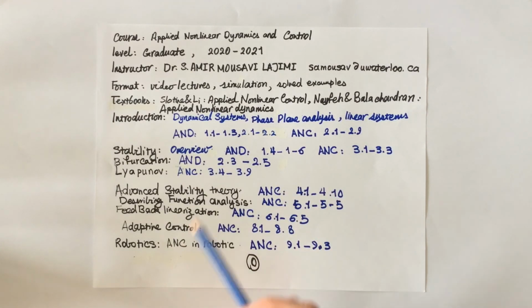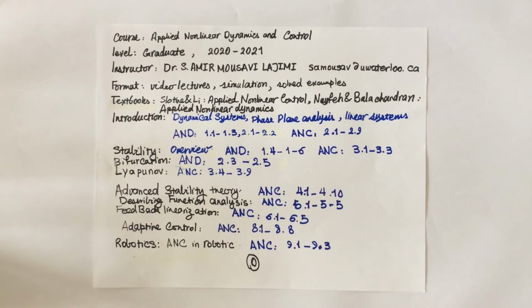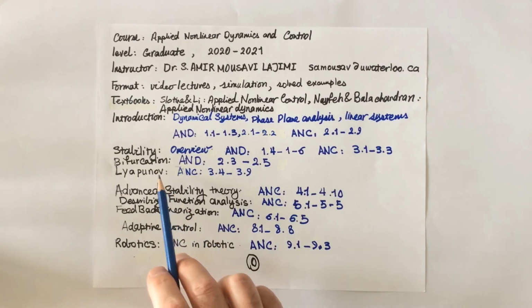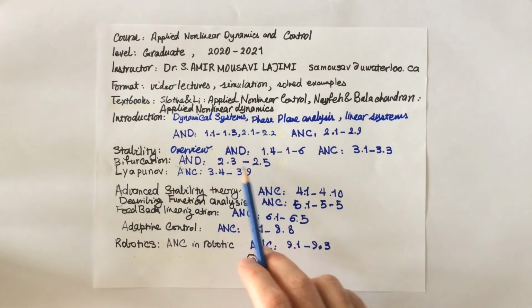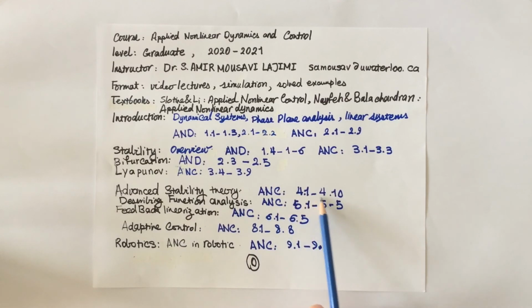These chapters and sections of these textbooks are included there, and then I'm going through stability, various types of stability analysis and various types of stabilities like asymptotic stability, exponential stability, etc. I'm going through bifurcation, and once I'm here, I switch to mostly nonlinear control and Lyapunov's method again, and then advanced stability theory, chapter 4, and then chapter 5, and feedback linearization, which is chapter 6, and adaptive control and robotics is chapter 9 of this textbook.